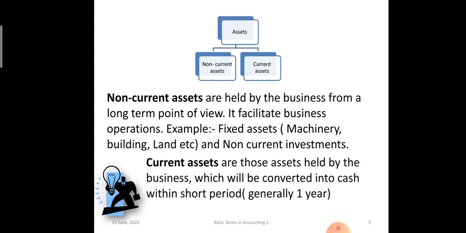Second one, current assets. Current assets are those assets held by the business for a short duration. They will be converted into cash, say within 12 months. So assets which are not current assets are non-current assets. Non-current assets will be there in a business for a very long period of time, and current assets will be converted into finished goods or cash within a short period, say within 12 months.